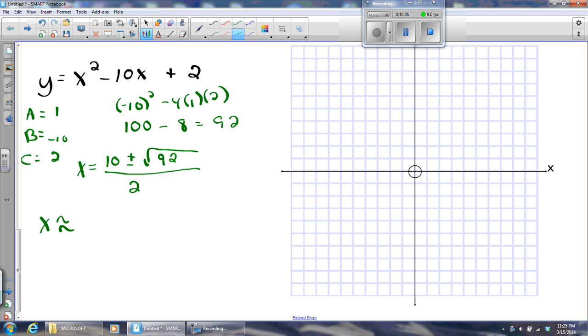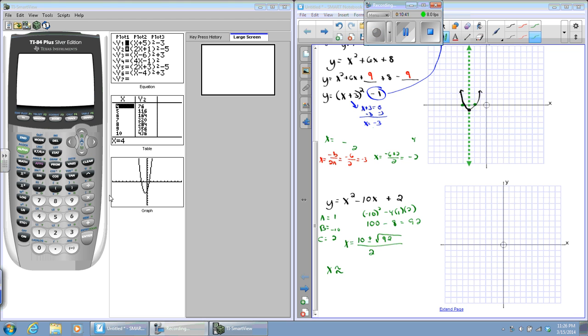Let me get my calculator up and running. Okay, so let me plug this in. I've got 10 plus the square root of 92, and I'm going to divide it by 2. And so I get about 9.80 if I round that, right?